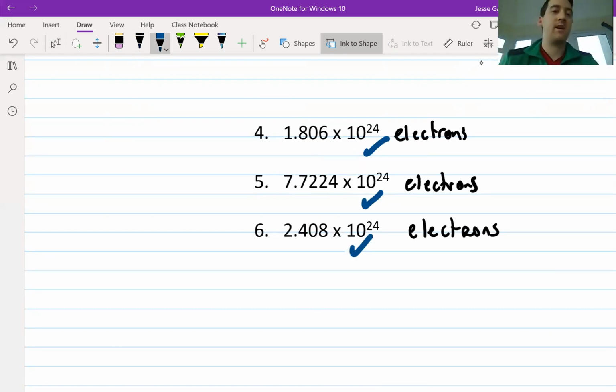So those are the correct answers. If you haven't gotten correct, have a play around, just try them again and see if you can get the correct answer. If not, if there's a problem, do come back to me on it and I will explain what's going wrong. If you come back and leave a comment, or if you come back and speak to me personally, I will help you with it.